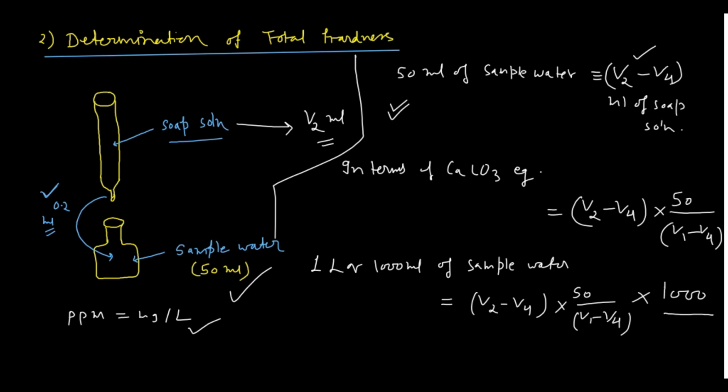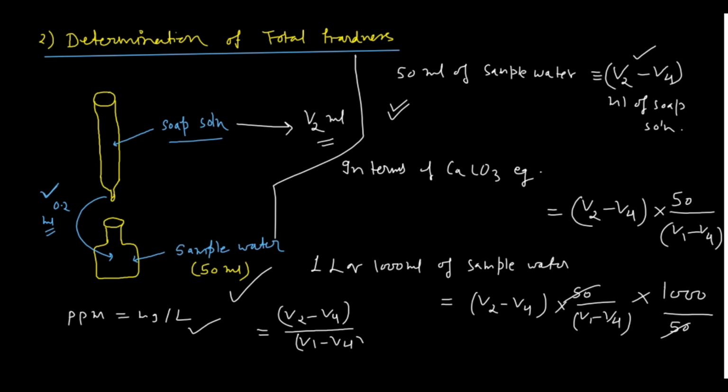So divided by 50 you should add here, okay. 50 gets cancelled, and you will have the expression like that: V2 minus V4, divided by V1 minus V4.